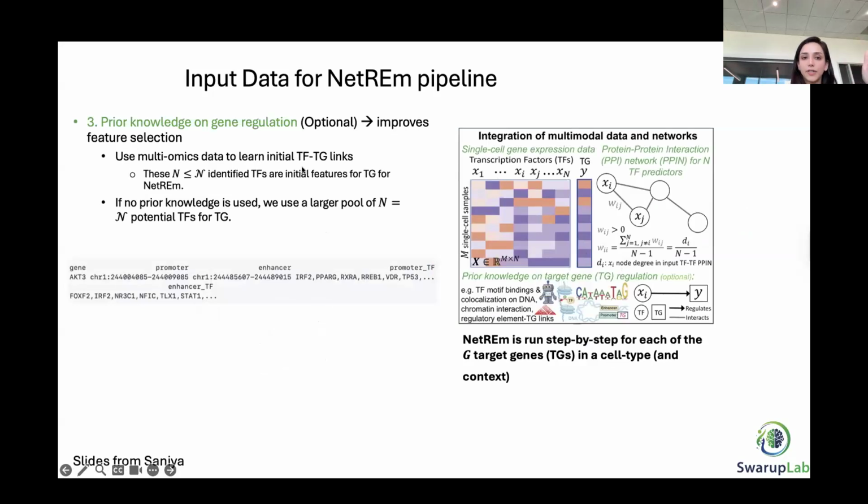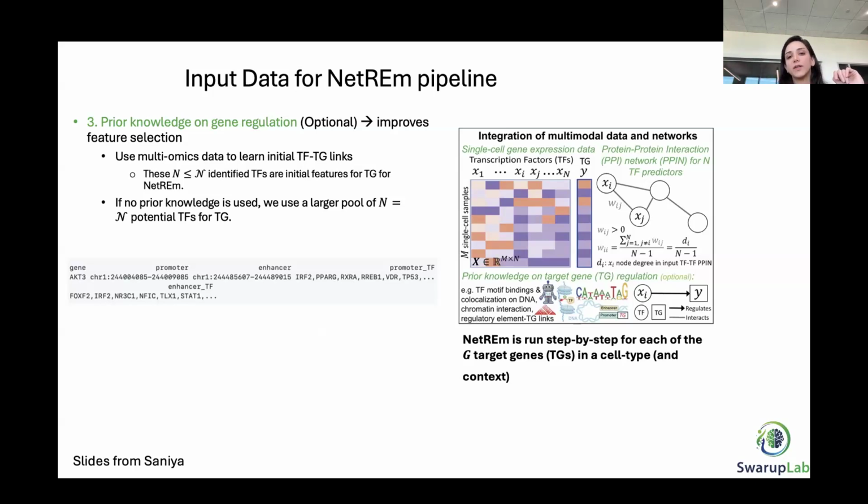Then the third input, which is optional, allows us to give it a known or previously inferred transcription factor target gene network. This is where, in the framework that we use, we combine tools like SCENIC to get an idea of the transcription factor target gene interactions, and then we can incorporate this into NetREm's framework.